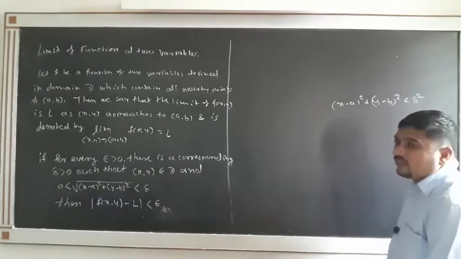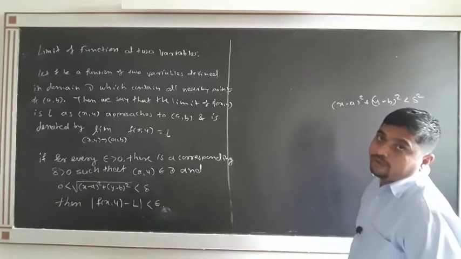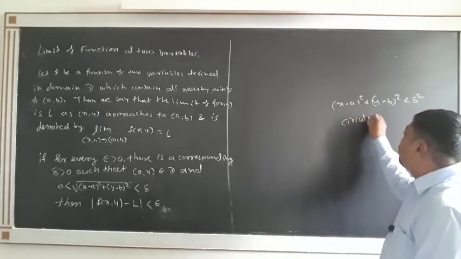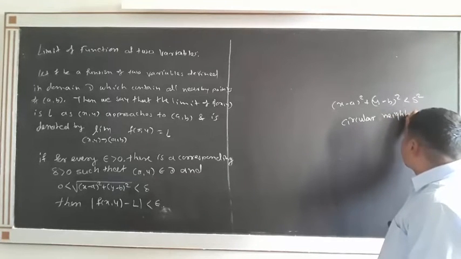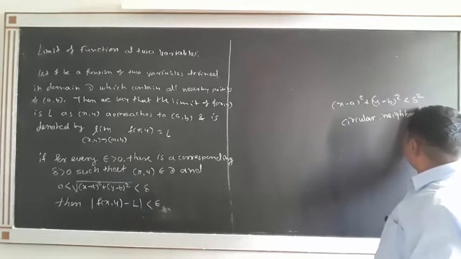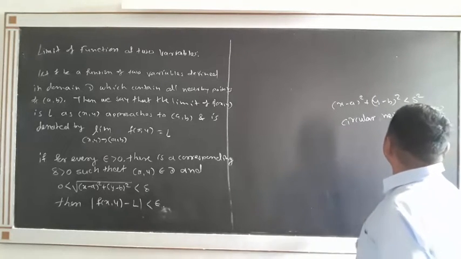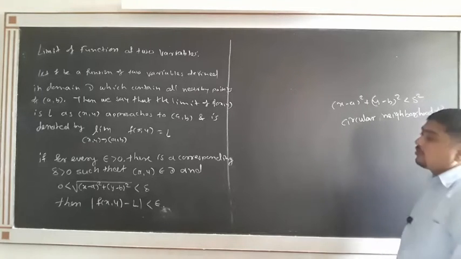And what is this? This represents a circular neighborhood of (a, b). This is the circular neighborhood of (a, b).